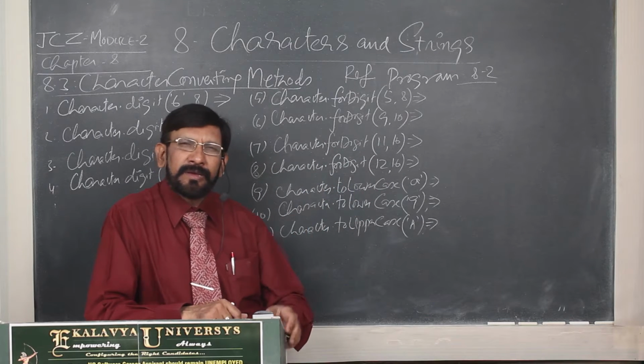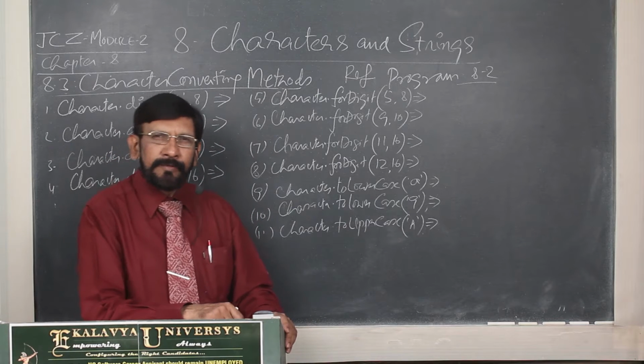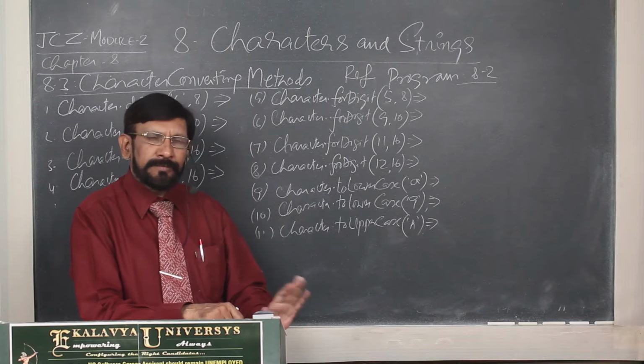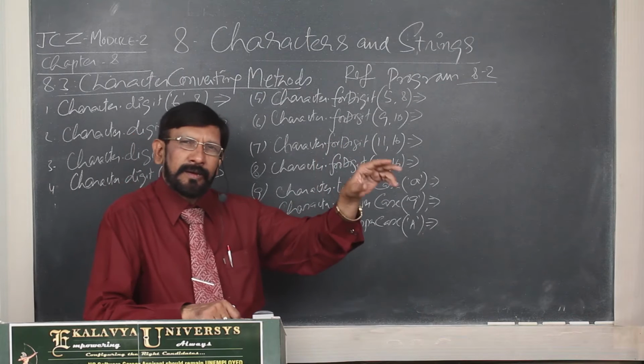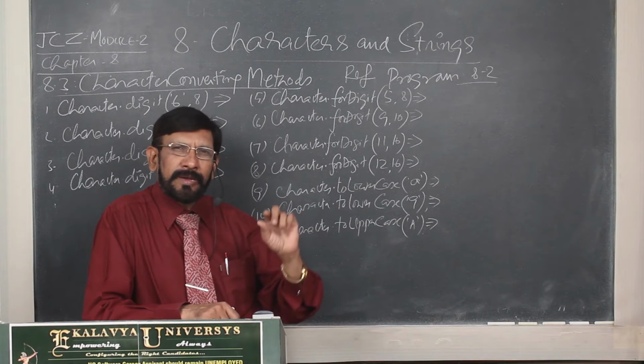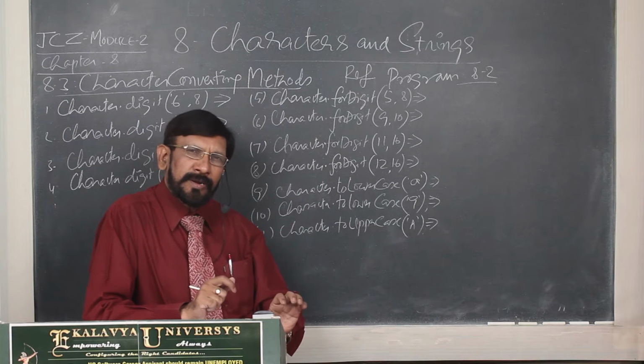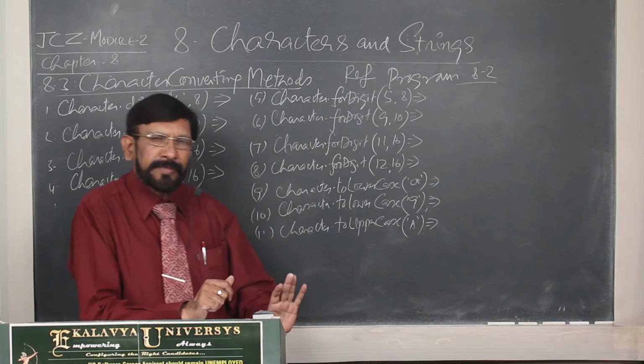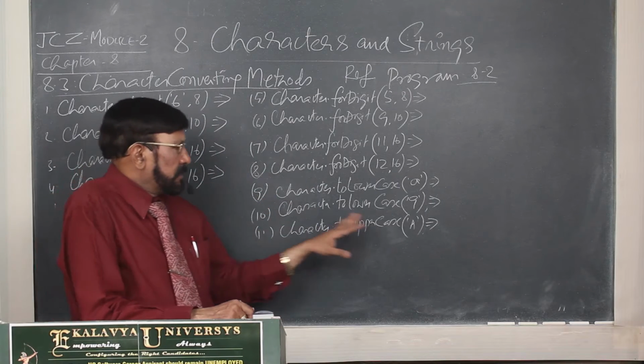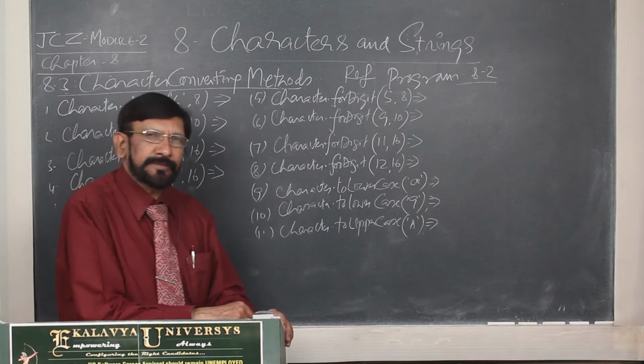In the same way, 123: 1, 2, 3 are base numbers, and by composing them, we are creating the value 123. That knowledge is very essential to understand these methods.